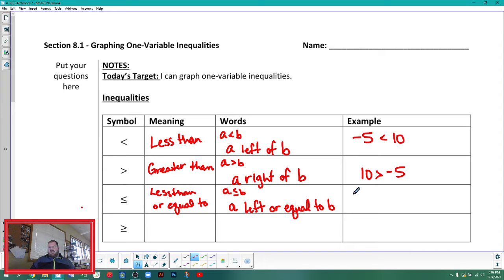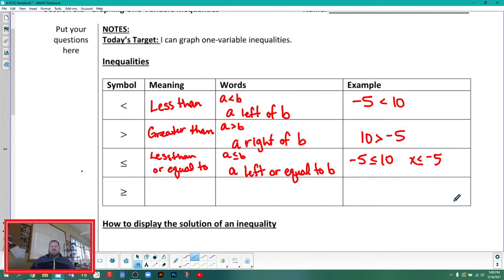We can say that -5 is less than or equal to 10, but we typically don't stick with that. When we have numbers, we can be very certain that -5 is less than 10. So typically we'd be looking at variables. We'd say x is less than or equal to -5, and that means that x can be anything up to and including on the left side of -5, and it could be -5 also.